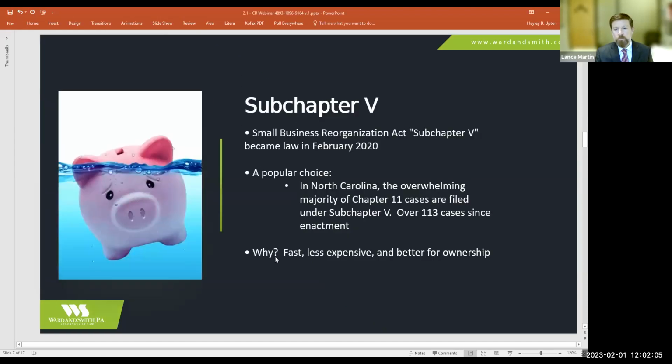So first principles: we're talking about Chapter 11 of bankruptcy, and Subchapter V is a subchapter of Chapter 11. Most of you, I'm sure, are aware that Chapter 11 is the bankruptcy process by which a business entity, your borrower, uses the bankruptcy code to restructure and reorganize their debt over a period of time.